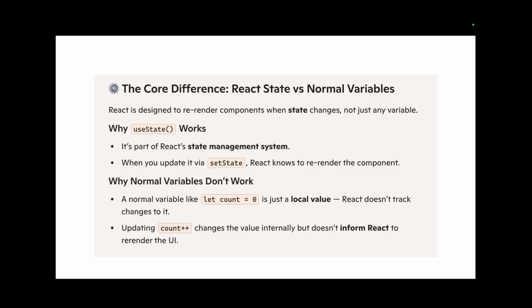Why don't normal variables work? A normal variable like let count equals 0 is just a local variable. React doesn't track changes to it, so updating count plus plus changes the value internally but doesn't inform React to render the UI.